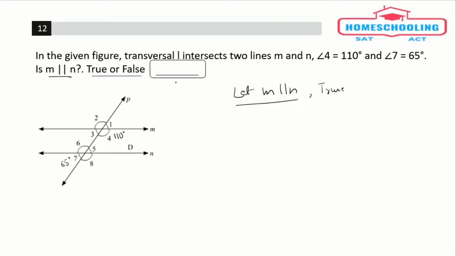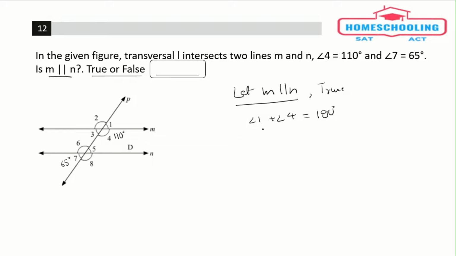In the question it is given that angle 4 is 110 degrees. Angle 1 and angle 4 form a linear pair, so the sum would be 180 degrees.